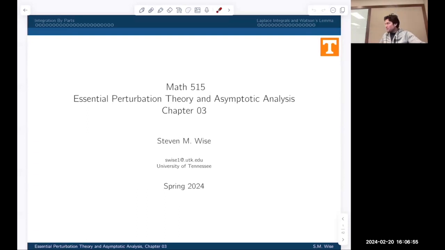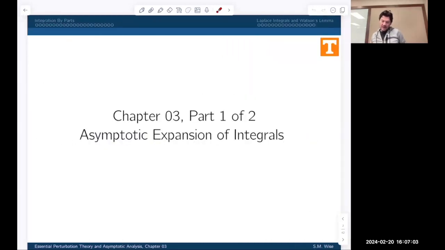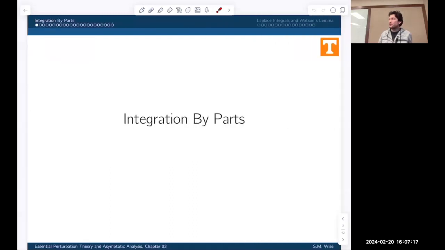So if there aren't any questions, let's start chapter 3. Chapter 3 is the asymptotic expansions of integrals, and we're going to cover 2 methods today, partly or completely. The first method is integration by parts.